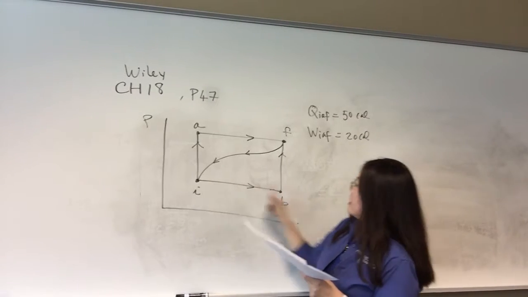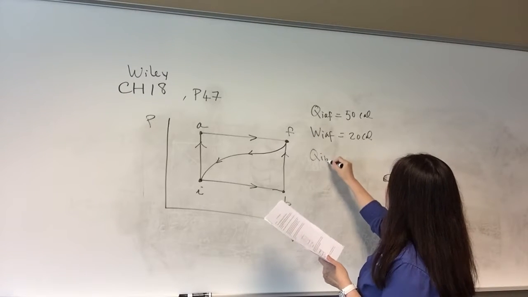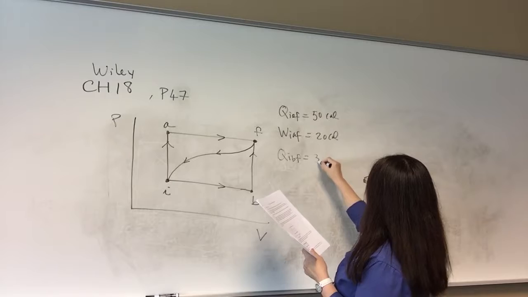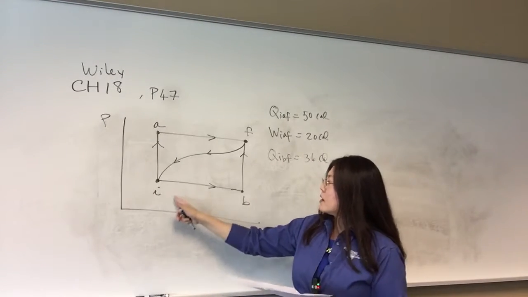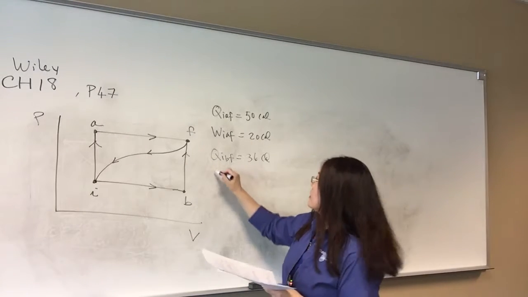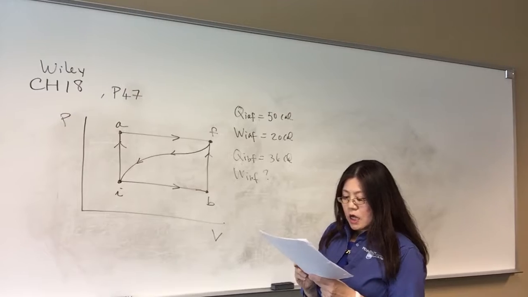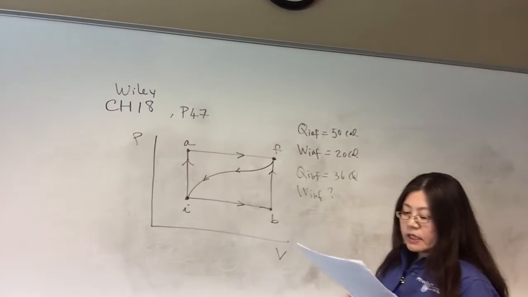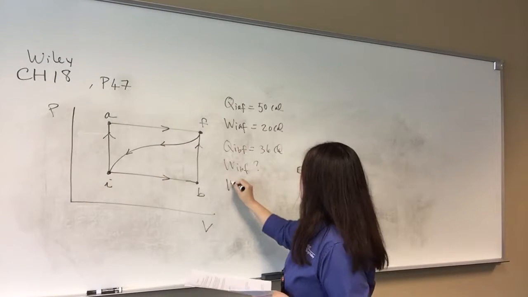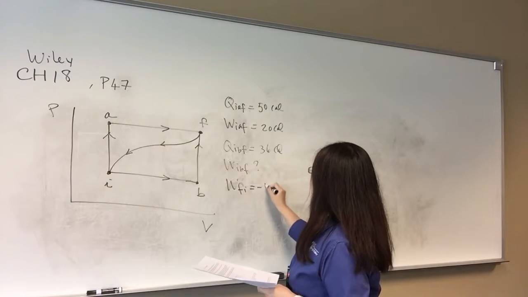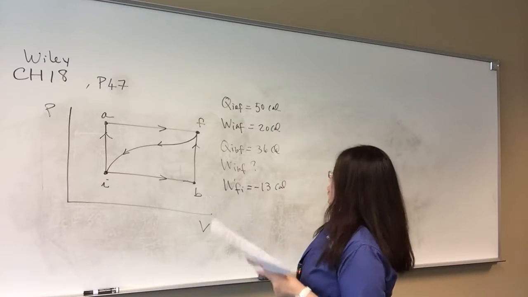Along path IBF, the lower part, you have the Q IBF, which is 36 calories. And so you also find what is the work along the IBF. Then if the work is negative 13 for the return path FI, so I'm just going to say WFI, which is negative 13 calories, what is the Q for this path?